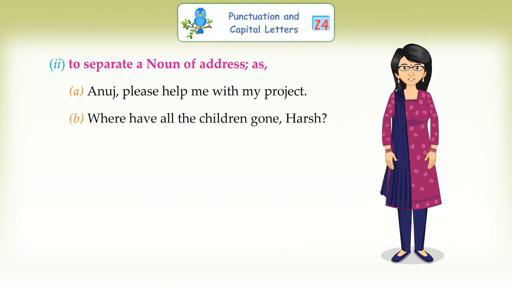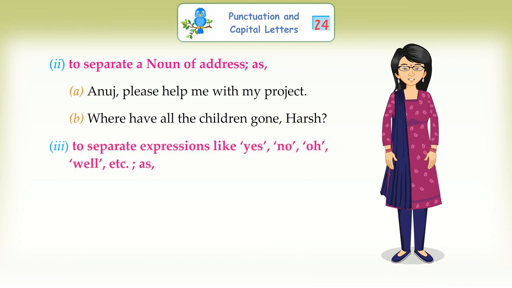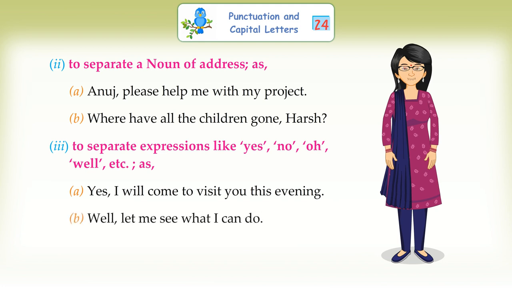Where have all the children gone, Harsh? To separate expressions like yes, no, oh, well, etc., as: Yes, I will come to visit you this evening. Well, let me see what I can do.